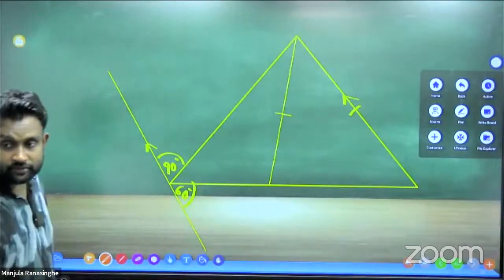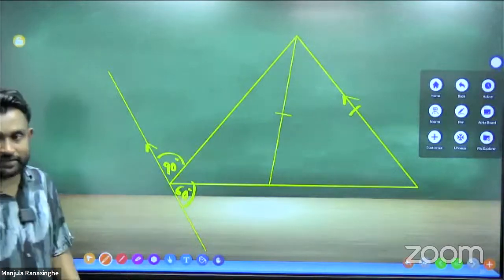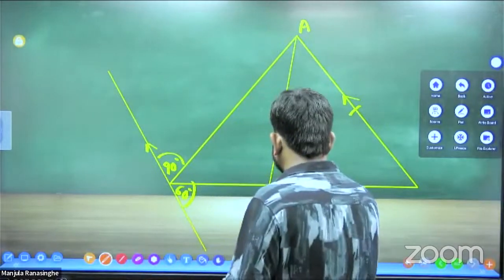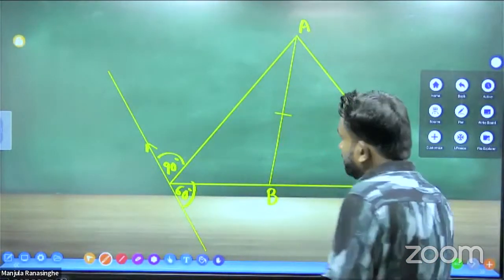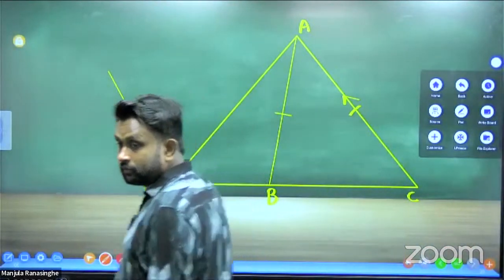Okay. Triangle ABC, you can see it nicely, and here this is O and XY.